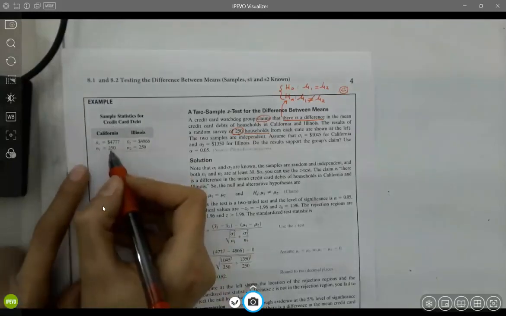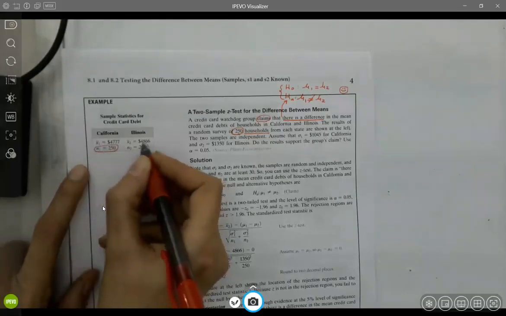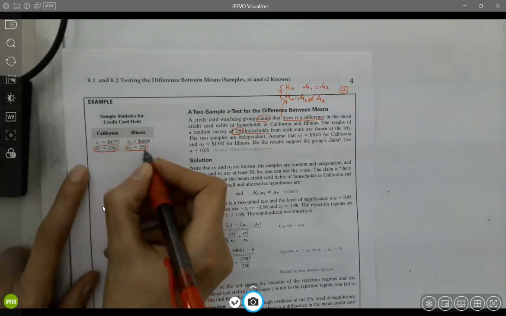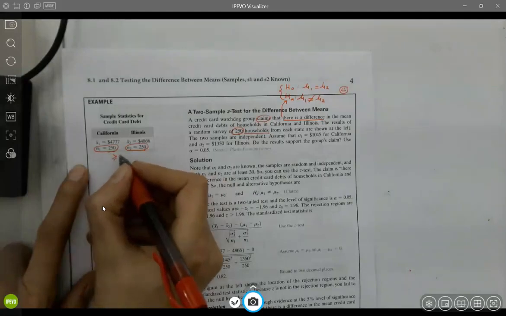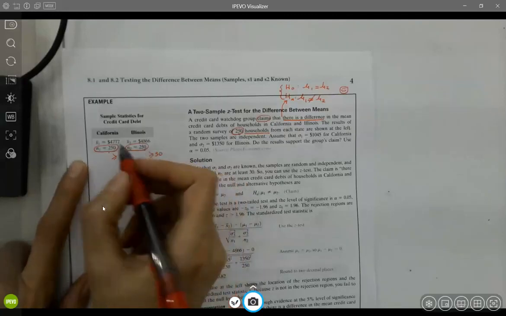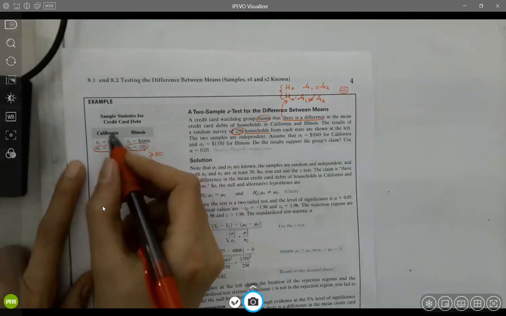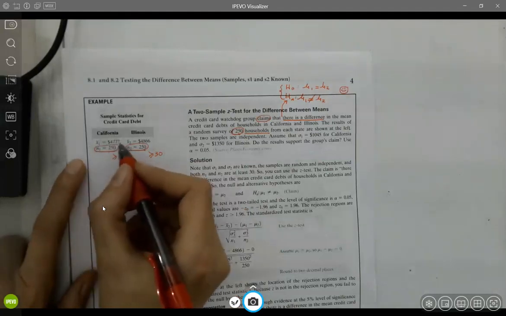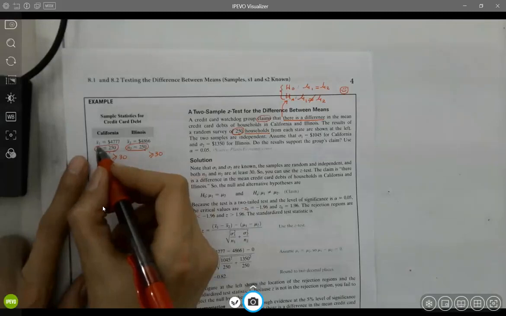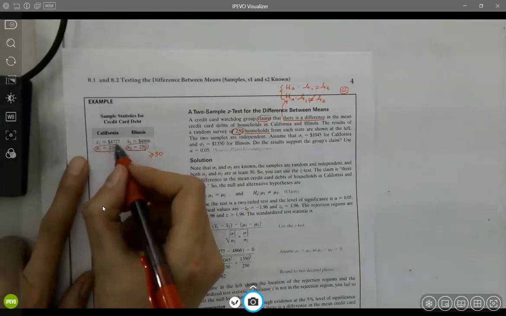It means that our first sample size is 250. Our second sample size is also 250. Both of them are greater than or equal to 30. For a sample of 250 households in California, the mean credit card debt is $4,777.